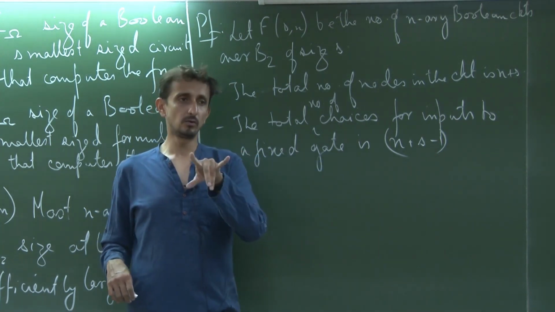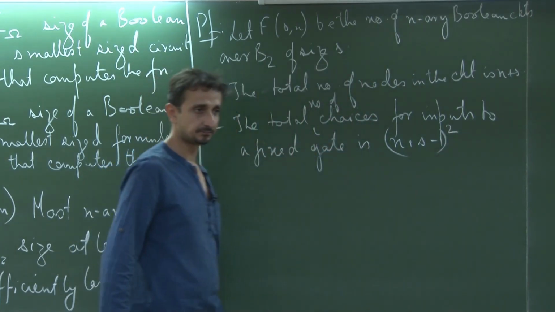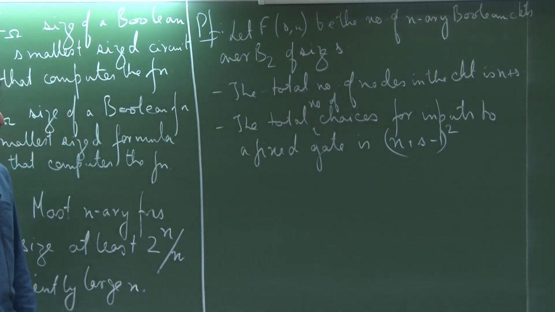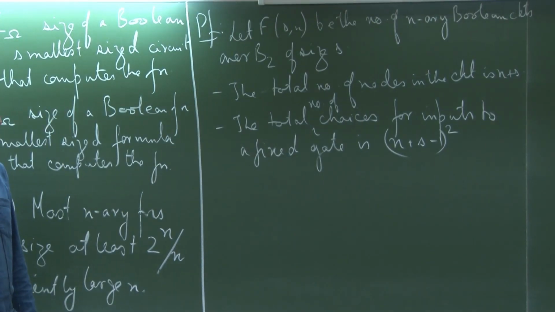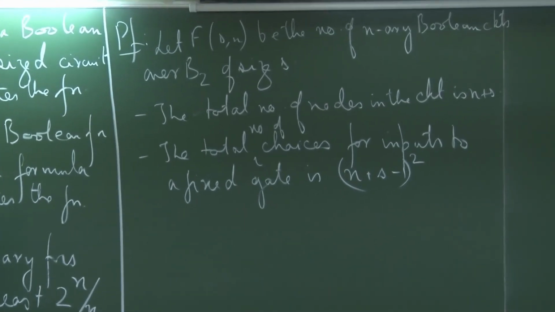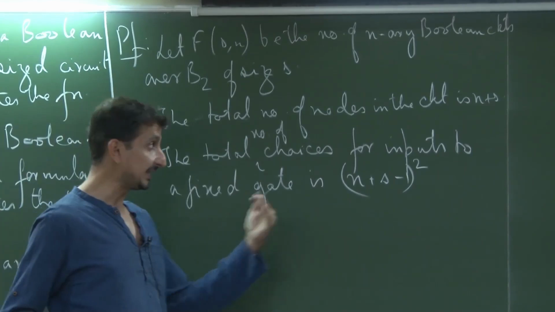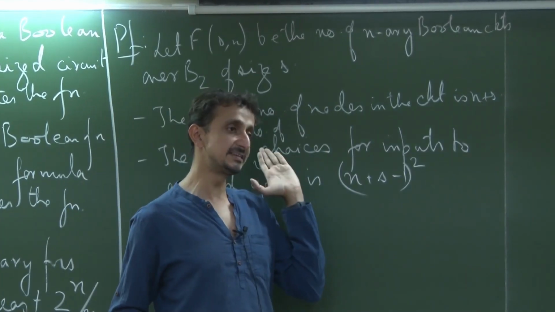And there are two inputs to a particular gate. So, this will be n plus s minus 1 whole square. I am only looking at the input to these gates right now. Now, this gate can be any element of B2. B2 has 16 elements.